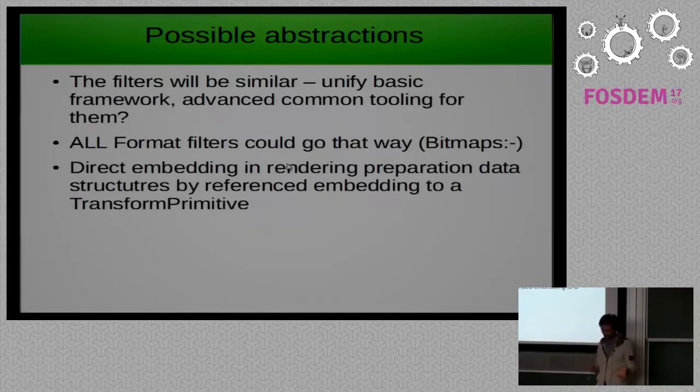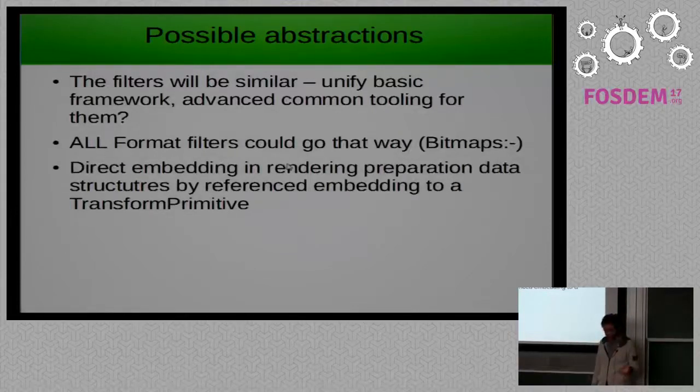And all format filters could go that way. Even bitmap filters, bitmap import, export, at the moment produce bitmap, bitmap X and graphic and all those structures we internally have. Too many for graphic stuff. And they could just return a simple sequence of primitive containing the one bitmap primitive.